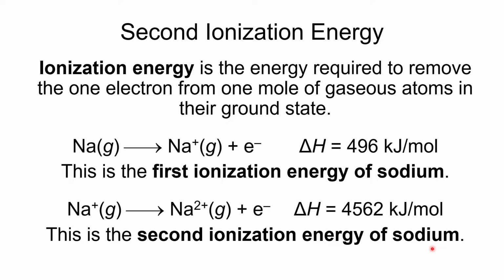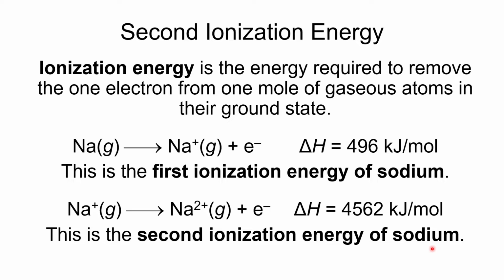However, when we look at this, we'll see that that's a huge change. It's not just twice as big or somewhat bigger. It's almost 10 times as big. It's an order of magnitude difference. Well, the reason for that is because of the electron configuration.